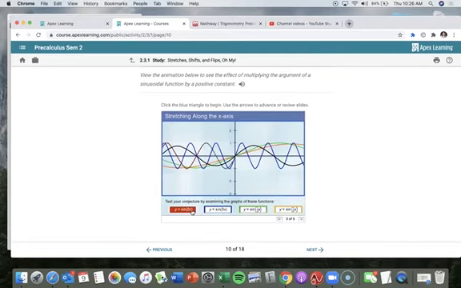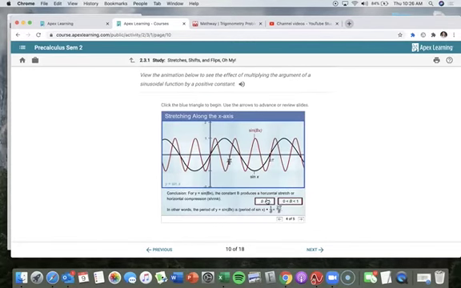If I'm multiplying by a number greater than 1, it's going to increase the number of waves I have, or shrink my period. If I have a number between 0 and 1, it's going to elongate the period of the graph, how long it takes to get back to that original point. So greater than 1, it's going to shrink or compress our graph.